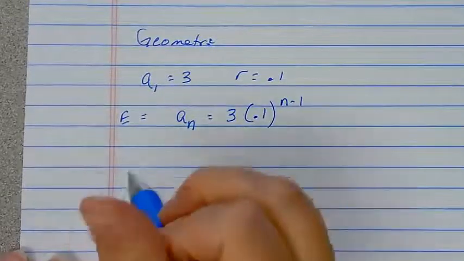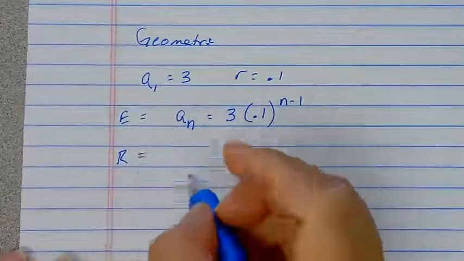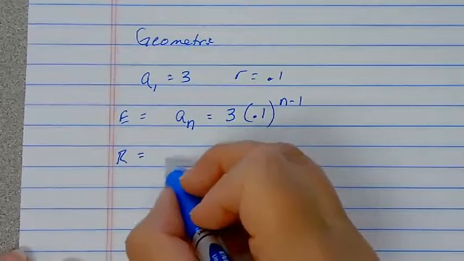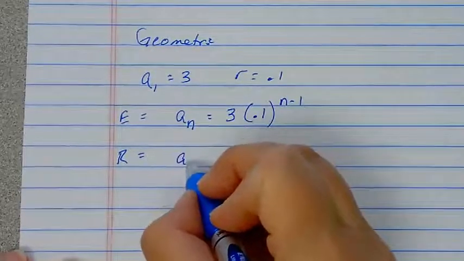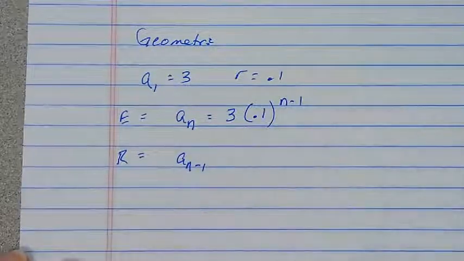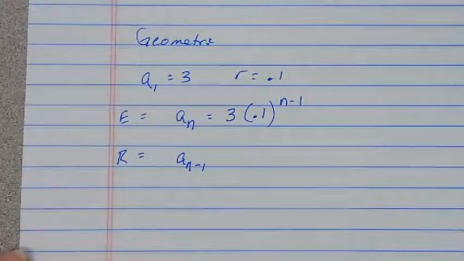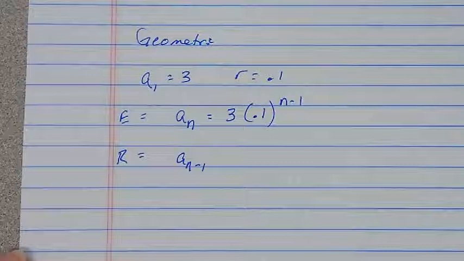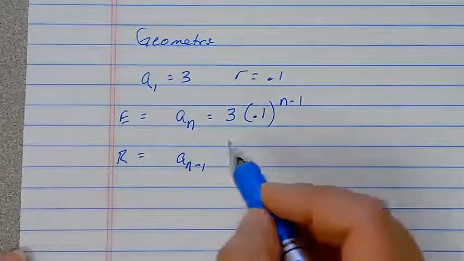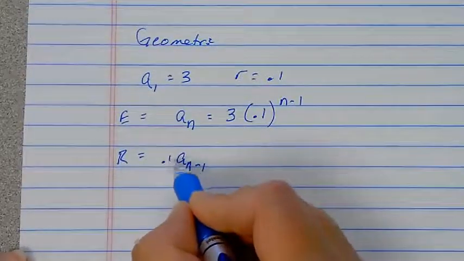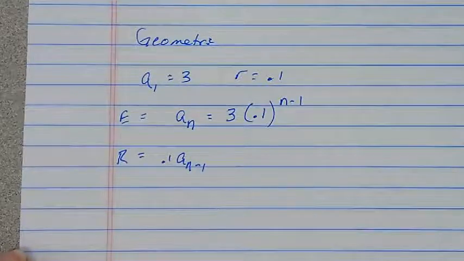But the recursive rule, I can only find the next term. So the recursive rule would be take the term before it, and if the rate is 0.1, we're going to take that number times 0.1. So it'd be 0.1 times a sub n minus 1.